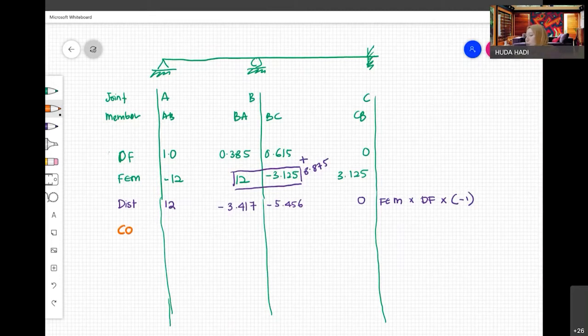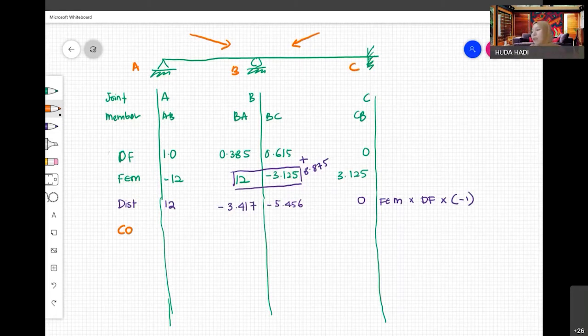Then we do for carry over. Okay, so carry over, you must have a look at you punya the beams itself. Nak tengok the end support. So end support doesn't matter, anything yang dekat outside you boleh carry inside. But to carry outside, B tak boleh carry to A sebab that is pin support, ataupun roller, dua-dua tak boleh sebab dia tak boleh resist moment, dia tak boleh support moment.